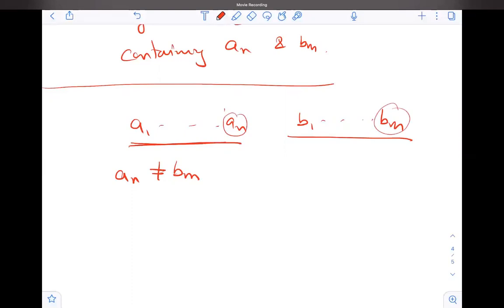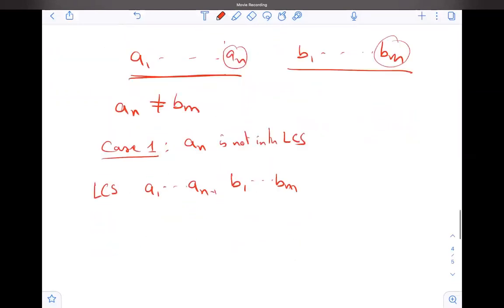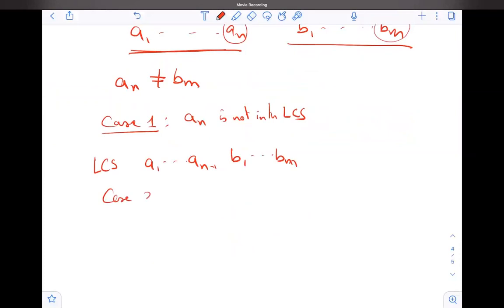So in that case, there are two cases. Case one: AN is not in the LCS. In that case, the LCS is nothing but the LCS of A1 to AN minus 1 and B1 to BM. Case two: BM is not in the LCS.